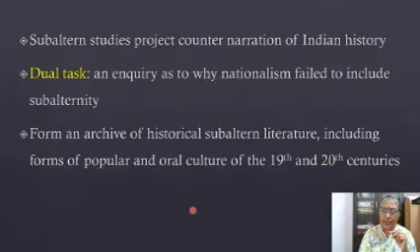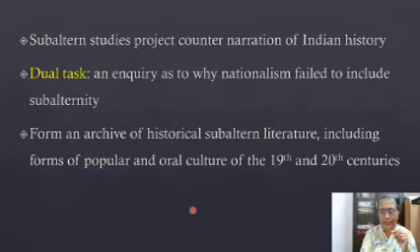So their project is to find out people who had been there and who did not get projected as mainstream people, and their contribution to the development of India or to Indian history.